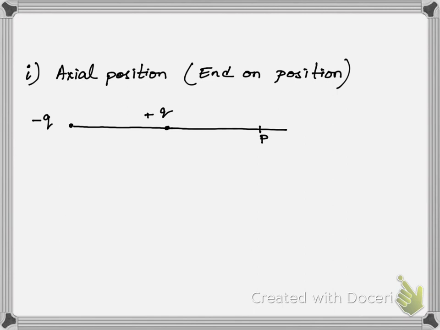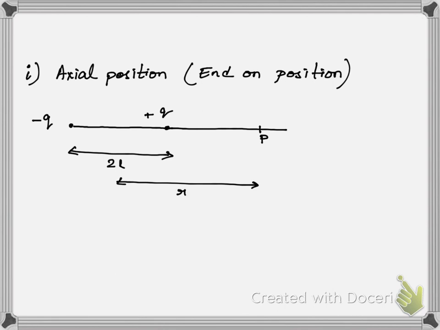So what is the distance of separation between the two charges of the dipole? It is always 2L, and the point P on the axis is located at a distance of r from the center of the line joining the two charges of the dipole.